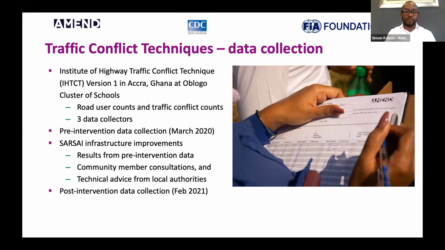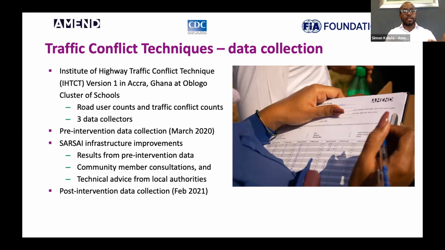As Jennifer insisted, training is essentially a key part of the toolkit based on our experience, because of the elements of subjectivity, and to have very consistent information coming from the collectors on the ground. And after the training, of course, the pre-intervention data collection took place, just before the pandemic, where we spent about 3 days on the ground with our team collecting the data around the school.